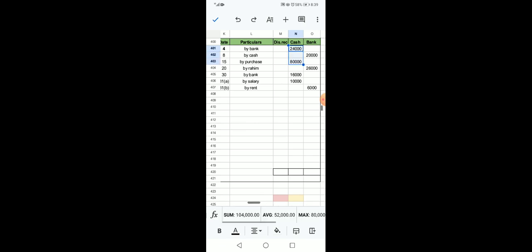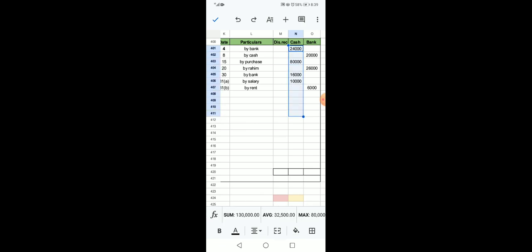What next usable information can we get from this cash book? This is the debit side of the cash book. It is showing how much total cash we have received, and this is the credit side of the cash book. It is showing how much cash had gone, how much cash has been paid. When you see how much cash is received and how much cash is paid, how can you calculate the balance?